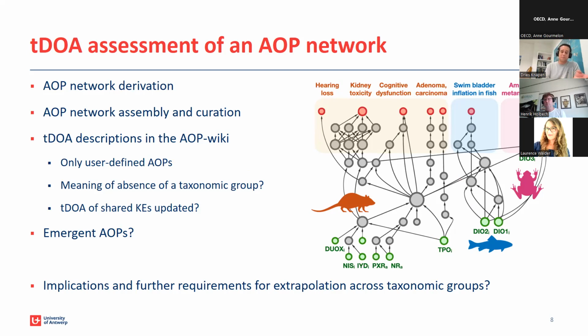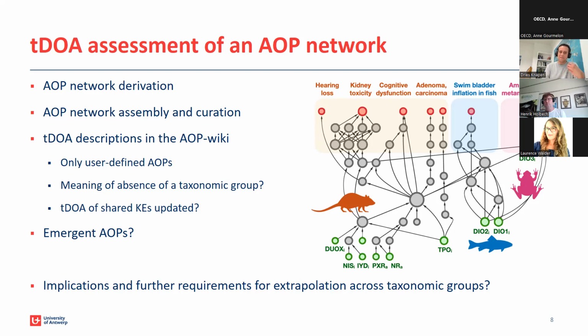Meaning that, for example, the adverse outcomes of hearing loss, kidney toxicity and cognitive dysfunction have so far only been developed as AOPs for mammals, which obviously doesn't necessarily mean that these do not apply to other species like fish or amphibians. So that's part of the assessment of the taxonomic domain of applicability of the entire network, to really make sure that we understand the taxonomic domain of applicability of all the different components of the network.